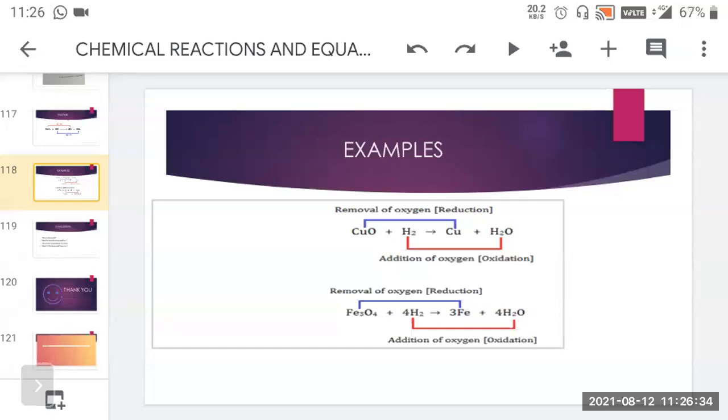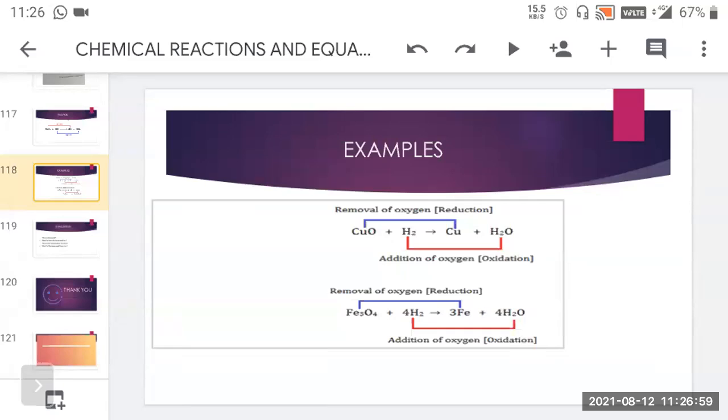Just go through the 5 types of reactions, one by one. For combination, 2 reactants, 1 product. For decomposition, 1 reactant, 2 products. For displacement reaction, single displacement, the first one uses the reactivity series, and in that a compound and an element should be there. A metal will only replace a metal, and a non-metal will replace a non-metal.